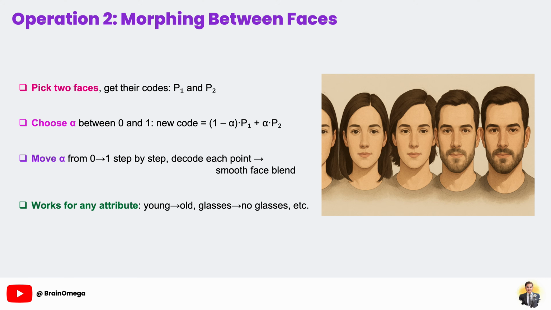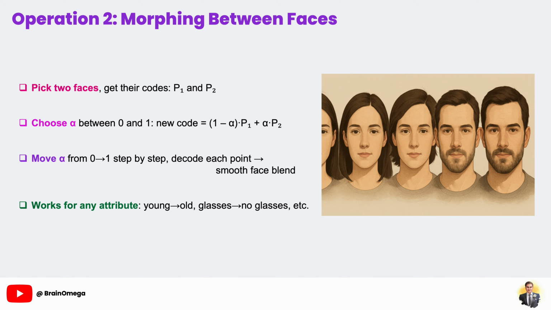Do P new equals 1 minus alpha times P1 plus alpha times P2. This is just a weighted average of the two codes, sliding smoothly from P1 to P2.